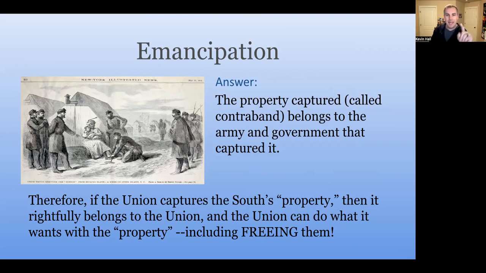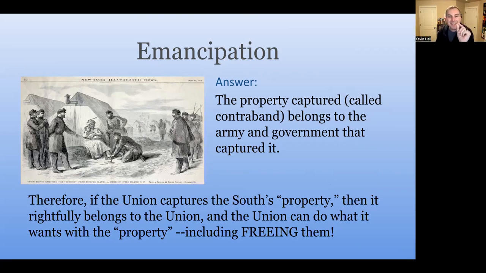So therefore, if the Northern Army, if the United States Army wins battles in the South, then they get to capture their property. And all of their property will now belong to the United States government because it was the United States Army that won the battle.